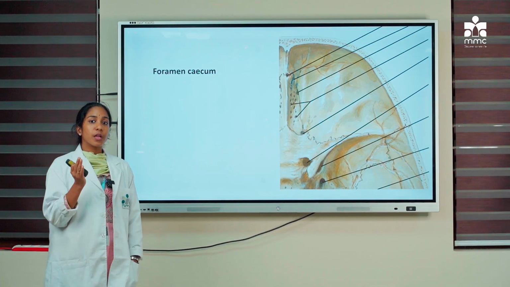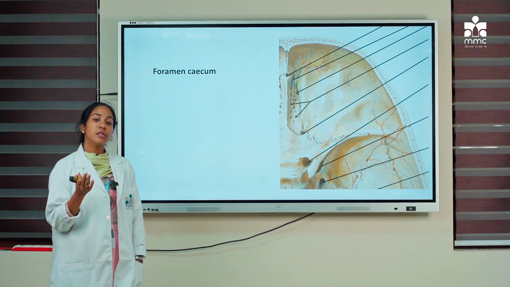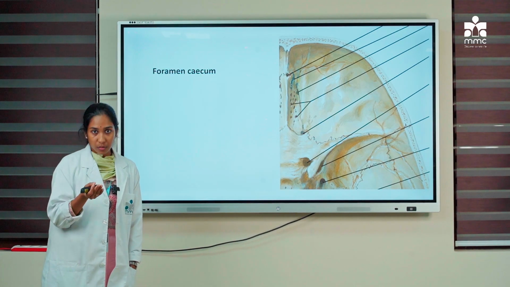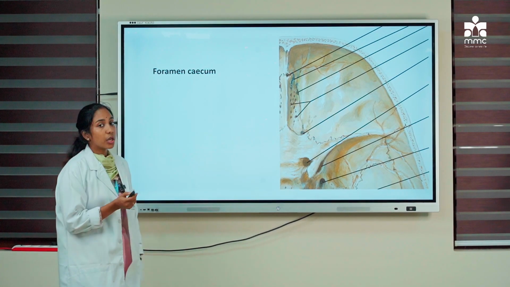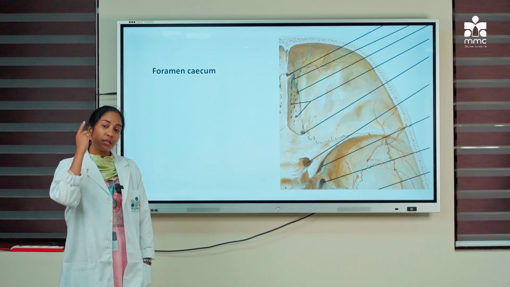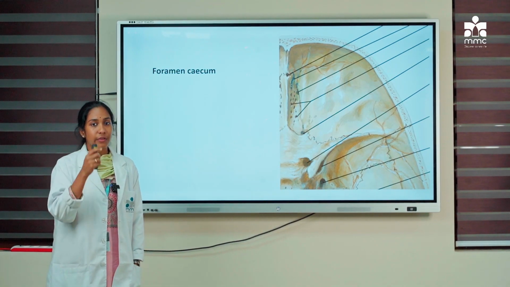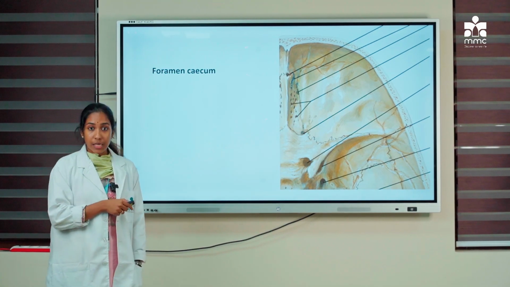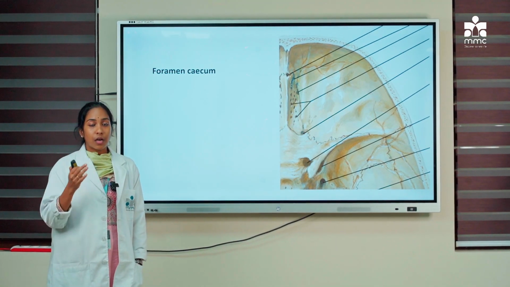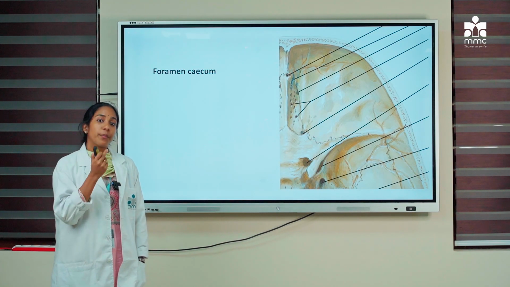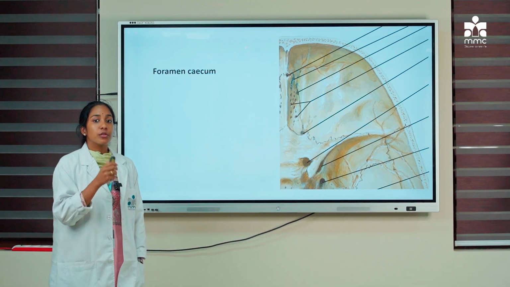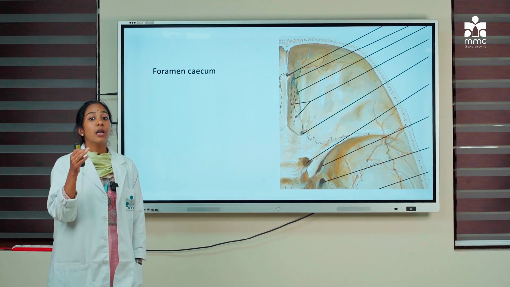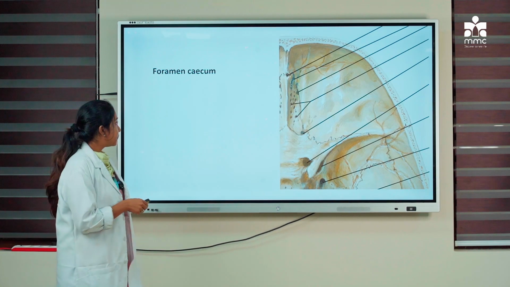In most individuals no significant structures pass through the foramen cecum, but in a few individuals an emissary vein connecting the superior sagittal sinus to the nasal veins can pass through it. In case of high intracranial pressure there will be epistaxis. So the emissary vein passing through the foramen cecum can act as a safety valve.